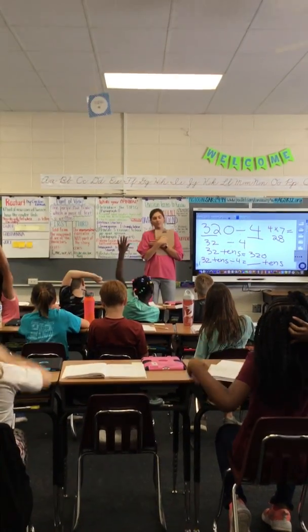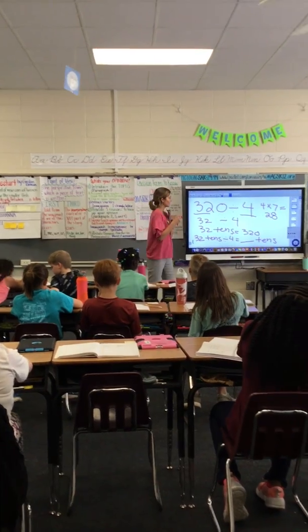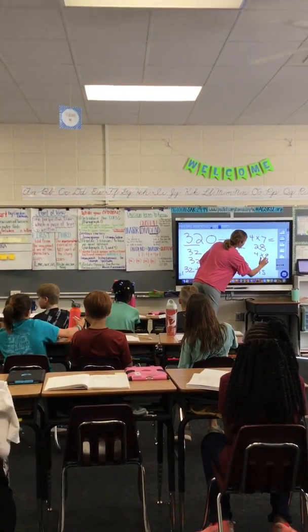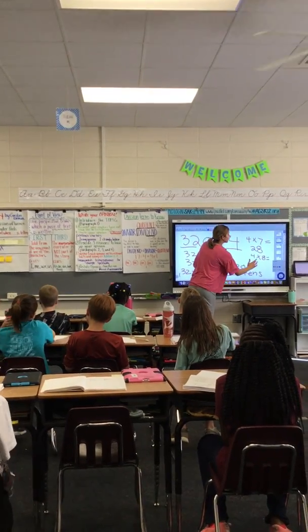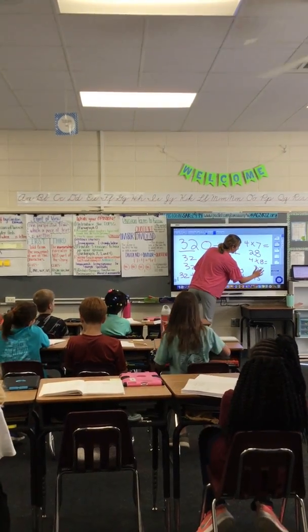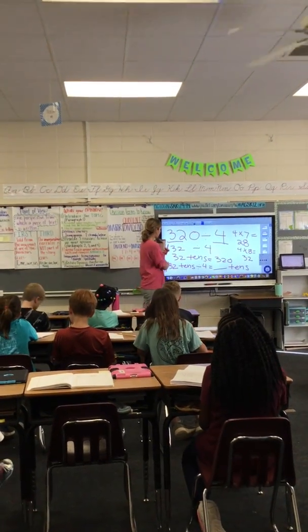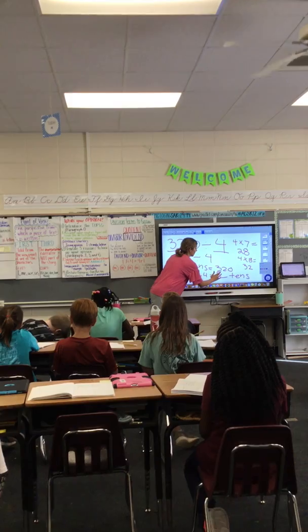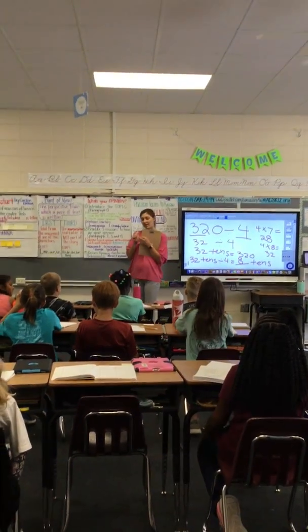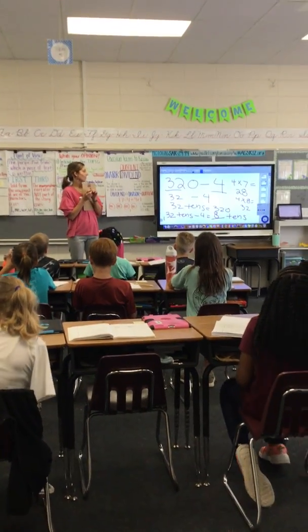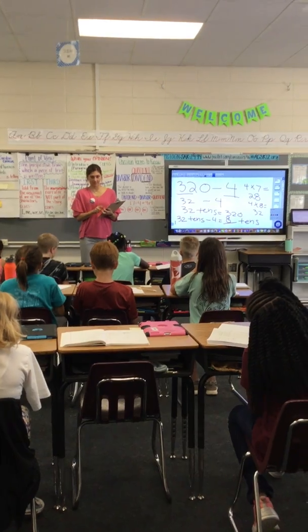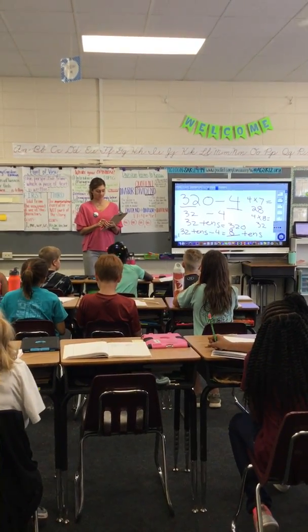Brock, what would 32 divided by 4 equal? Let's check it. 4 times 8. 8, 16, 24, 32. So we have 32 divided by 4 equals 8. So if we have 8 tens, Sarah Kate, what does that mean? 80.